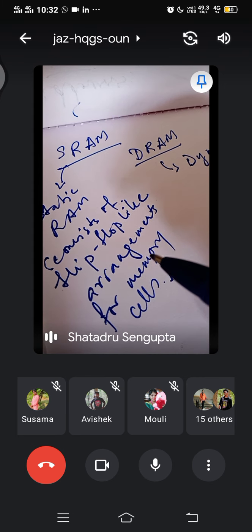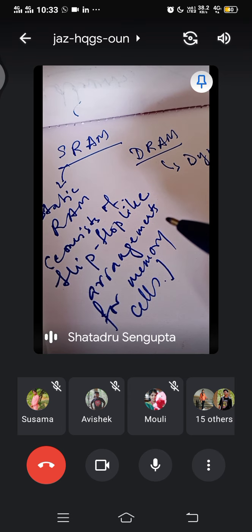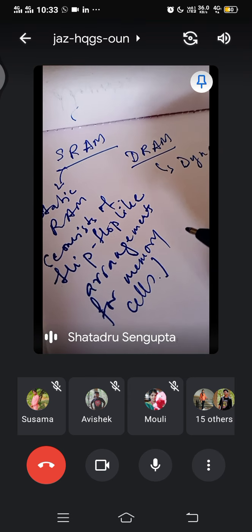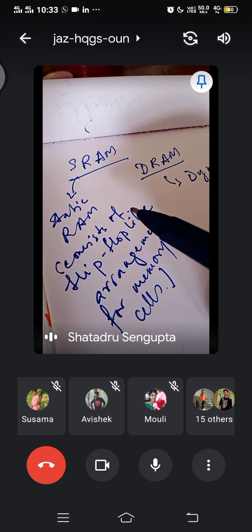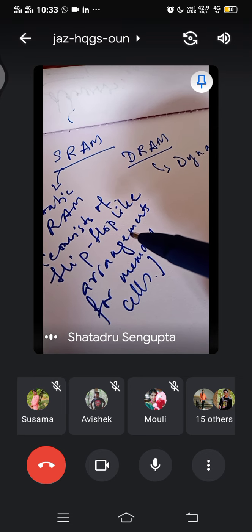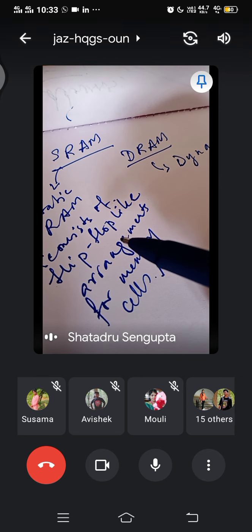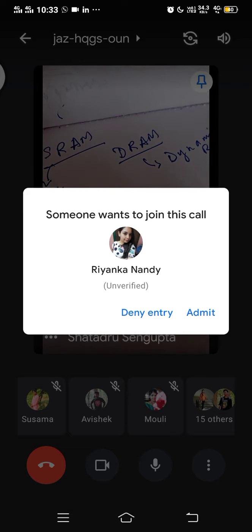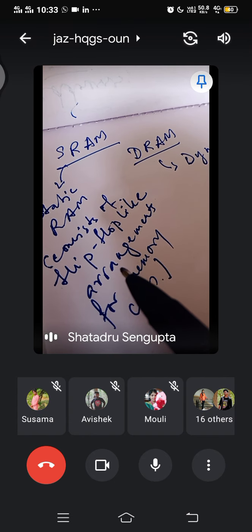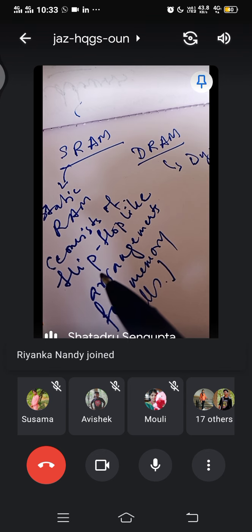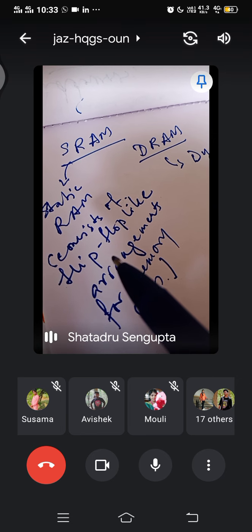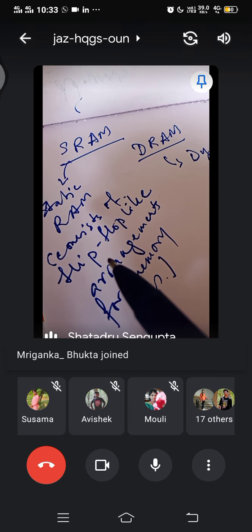If you send a set signal, then Q becomes 1 and Q bar becomes 0. This is a very reliable type of RAM.